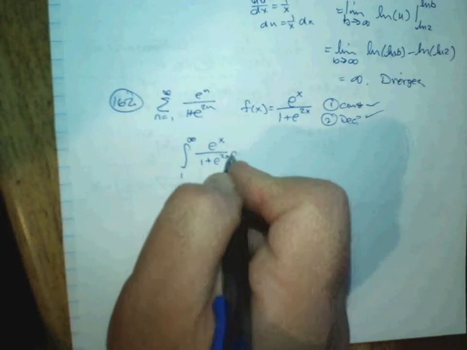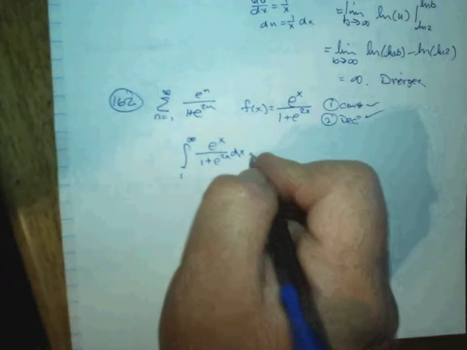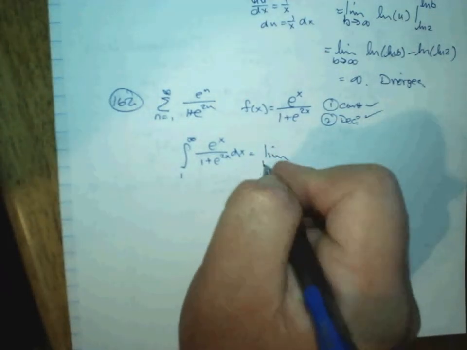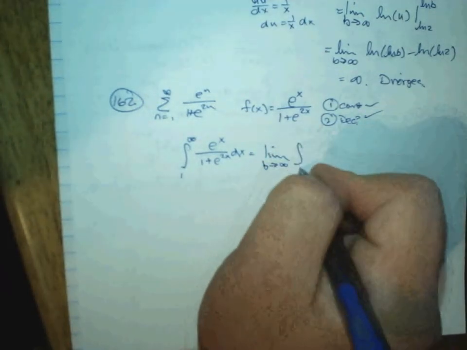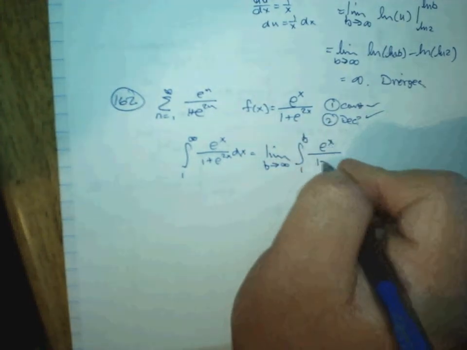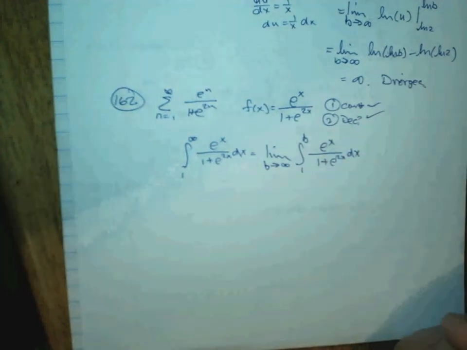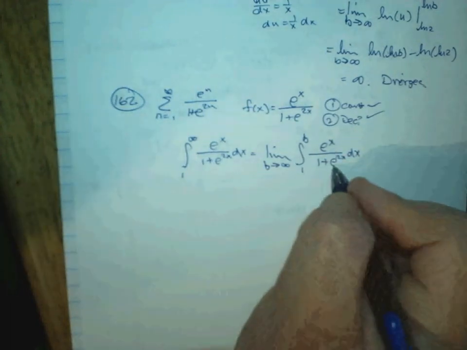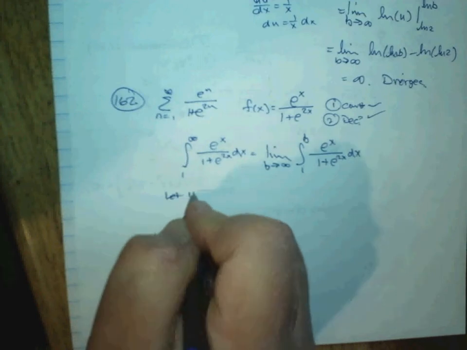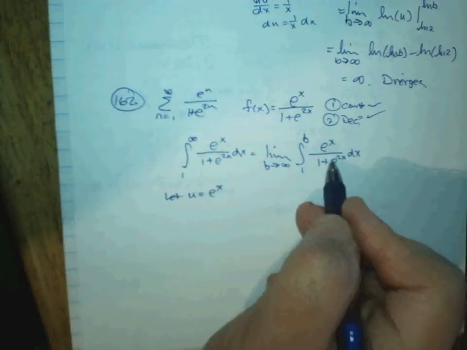All right, so now I can represent the behavior of this infinite series by this improper integral. Now we write this as a proper integral with a limit, and now I have to figure out how to evaluate this.